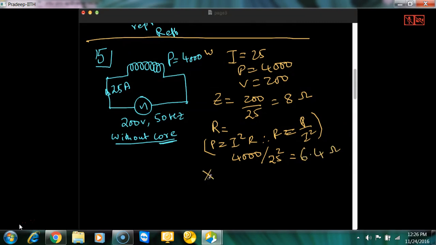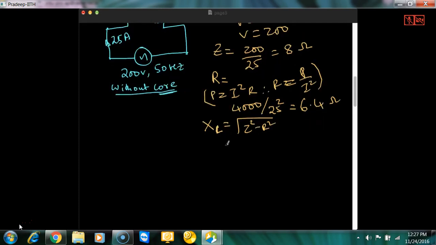So from I know the Z, I know the R. So from that I can find out the XL. XL is nothing but Z square minus R square under root. Okay, so let's do that. I just write it neatly. So 8 square minus 6.4 square under root.